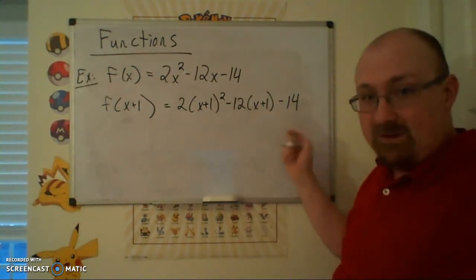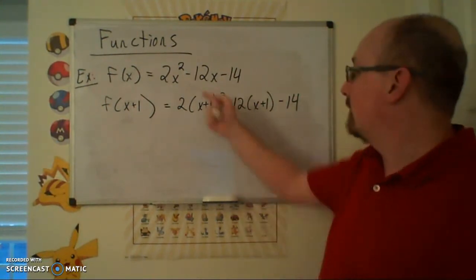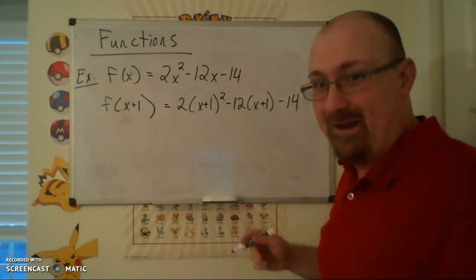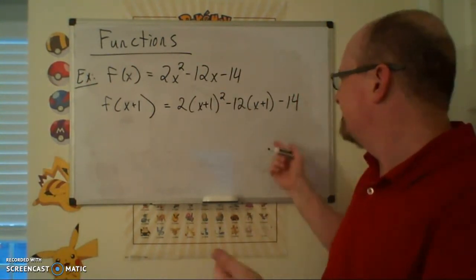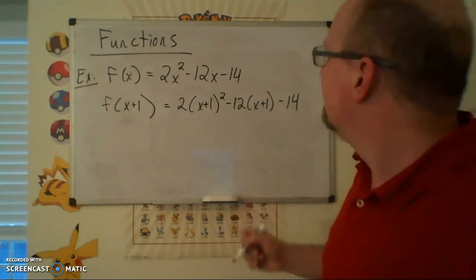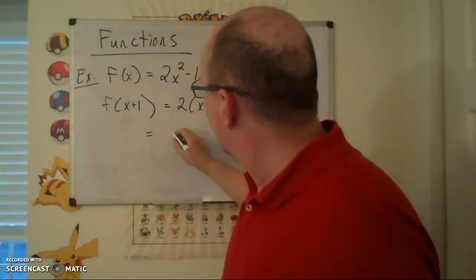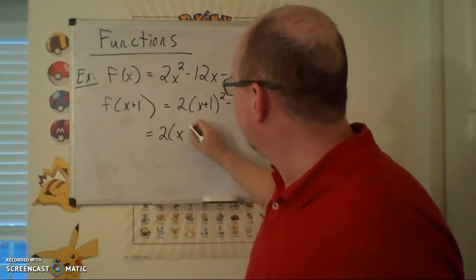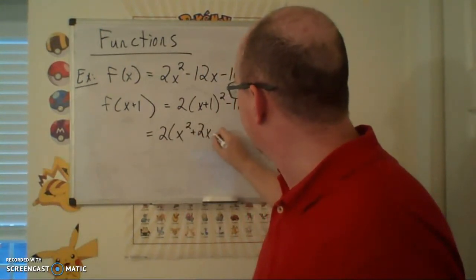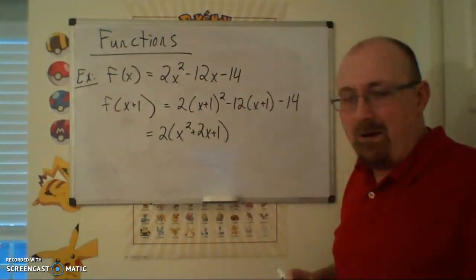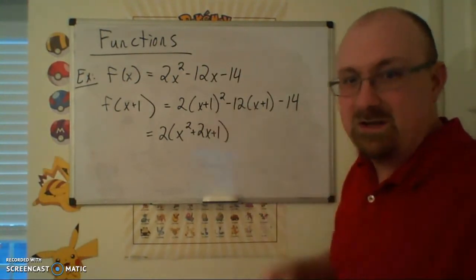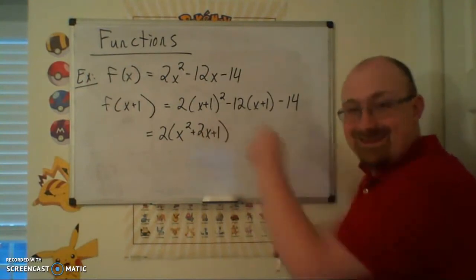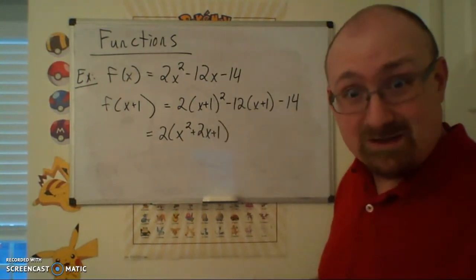So everywhere we see an x in the original formula, now we've got an x plus 1 there. Now we need to work through the algebra because it's clunky to leave it like this. I'm going to leave it to you to check via the FOIL algorithm or whatever your favorite approach is for working out what x plus 1 quantity squared is going to be. You should get this guy right here, x squared plus 2x plus 1.